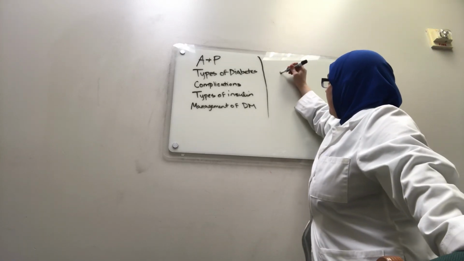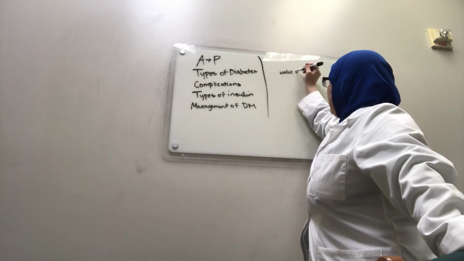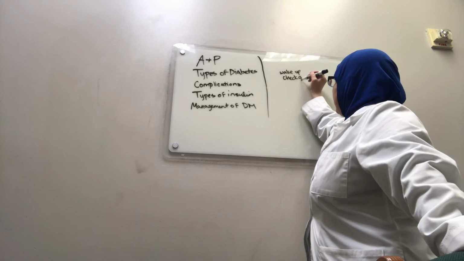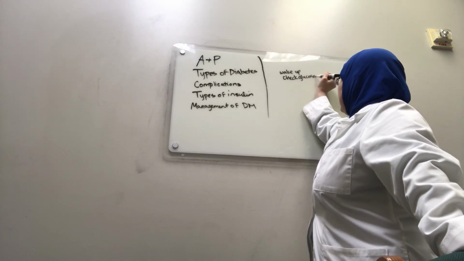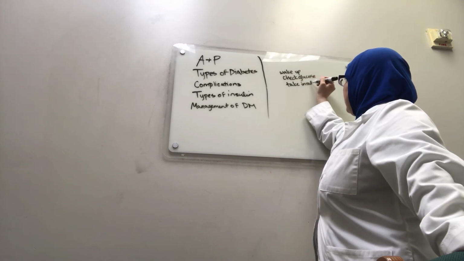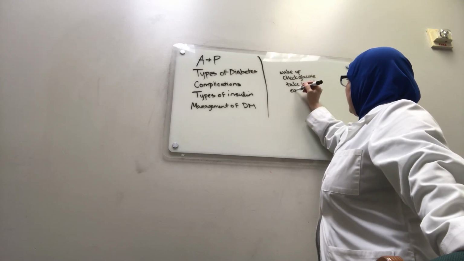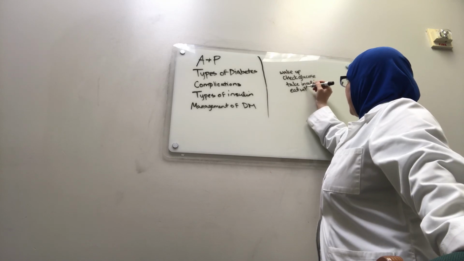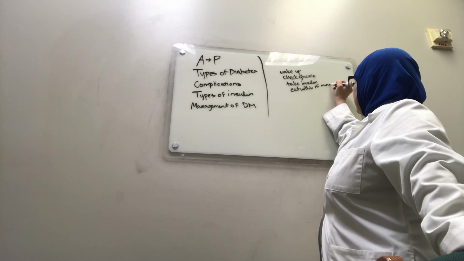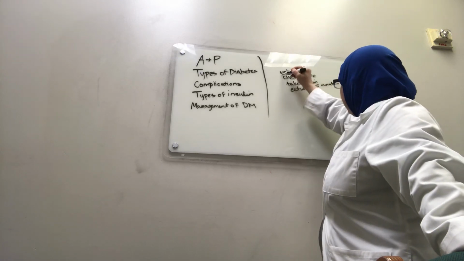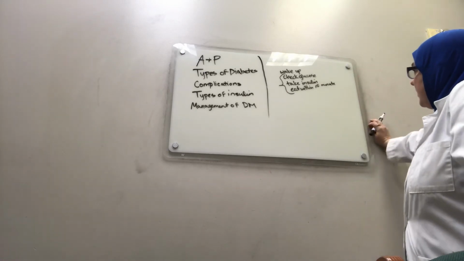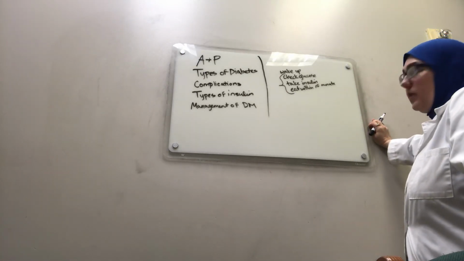They wake up, they check their sugar, they take their insulin, and they eat within 15 minutes. And they repeat these steps with every meal. Check their glucose, take their insulin, eat within 15 minutes. Check their glucose, take their insulin, eat within 15 minutes.